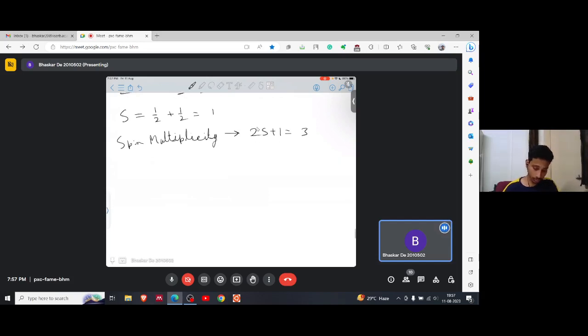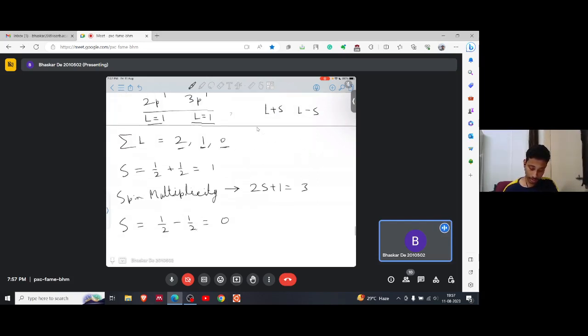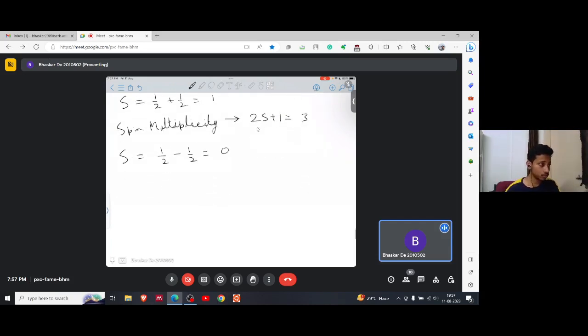And there can also be another S, that is half minus half, which is 0. This is the same as when we add a plus b, there can be possibilities from a plus b to a minus b. So this one is giving 0.